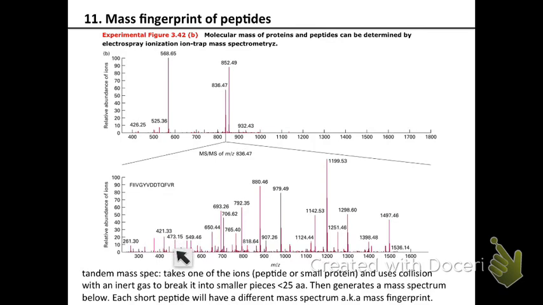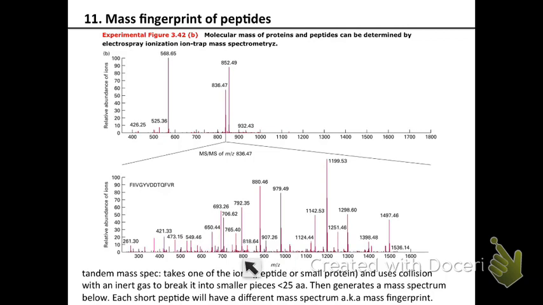And then each of these peptide masses is going to give you a relative abundance. So from a peptide sequence like this, by randomly breaking into smaller pieces, you can get this spectra.